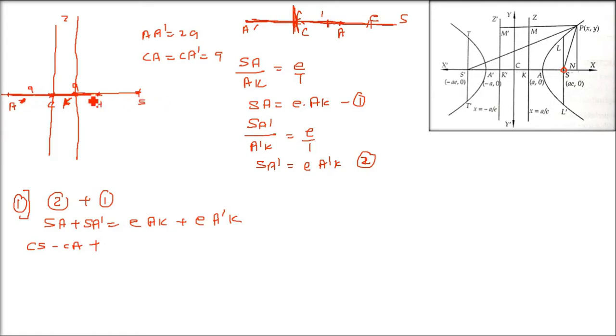Similarly, SA dash: just add CS with A dash C, or CA dash, and you're going to get SA dash.